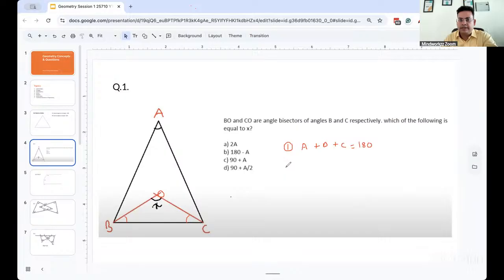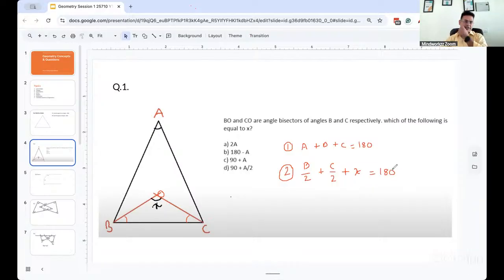Right? So the second equation, considering the lower triangle, triangle OBC, you can write B by 2 plus C by 2 plus X is equal to 180 degree.